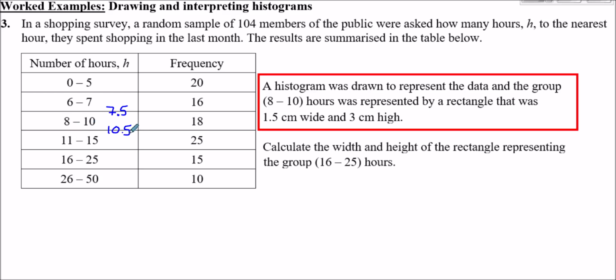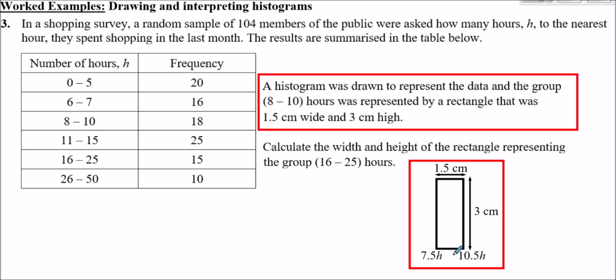And so the actual range of hours represented by this 8 to 10 hour bar would have been from 7.5 to 10.5. We're also told this bar was 1.5 centimetres wide and 3 centimetres high. So we could draw this bar, sketch it, maybe something like this.